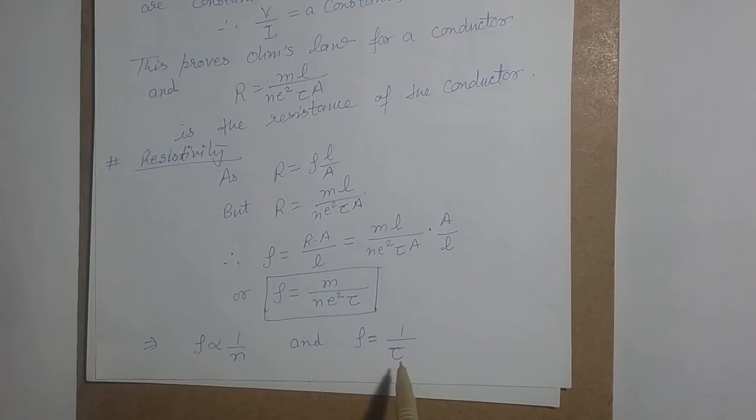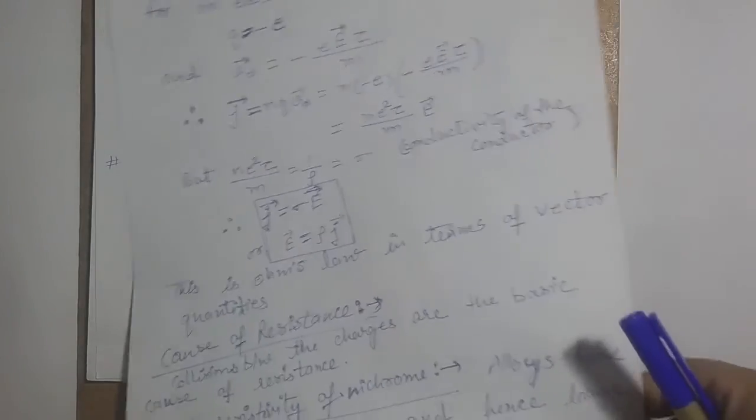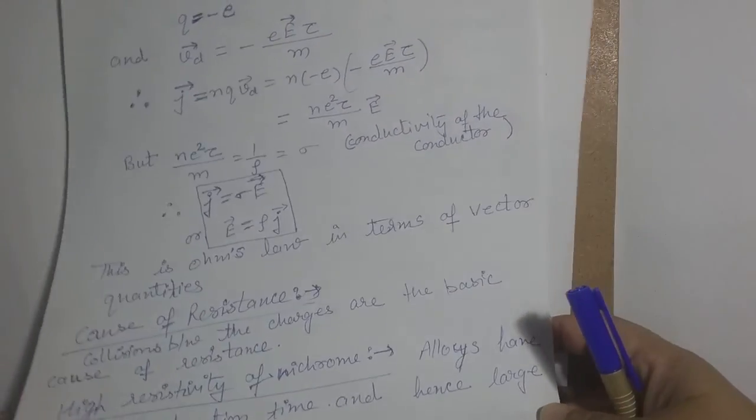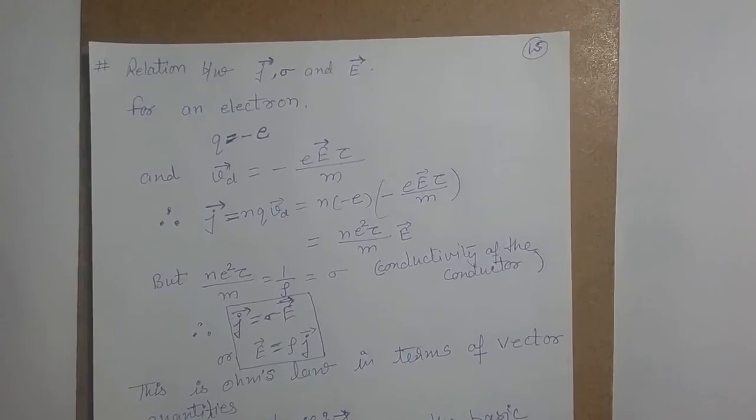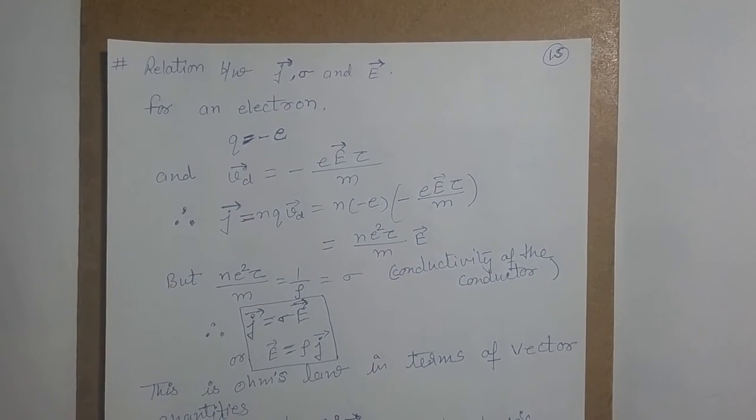And less relaxation time means if the number of successive collisions between the particles is more, in that case the resistivity for a given conductor increases.